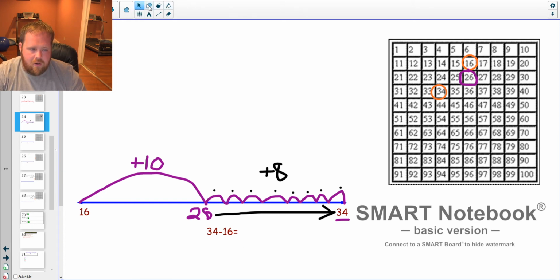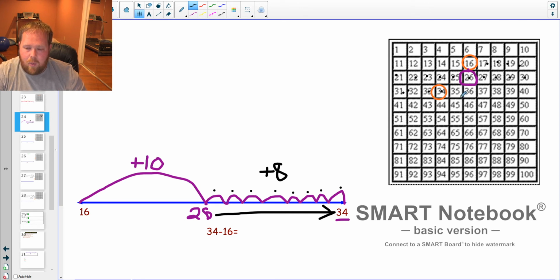Now let's make sure again, okay? So here to here, let's just make sure. 1, 2, 3, 4, 5, 6, 7, 8, 9, 10. So now we see how we landed at 26. So we're at 10, 11, 12, 13, 14, 15, 16, 17, 18.